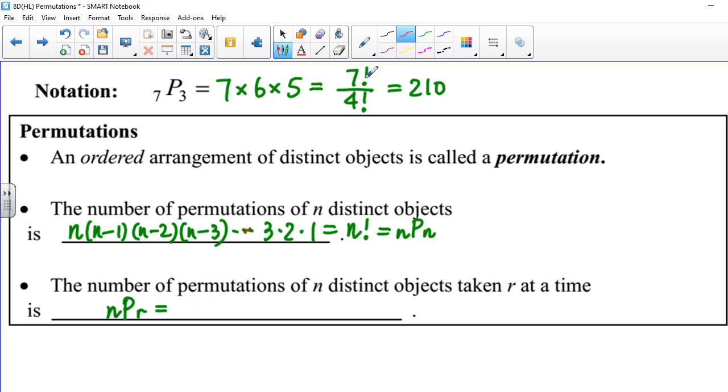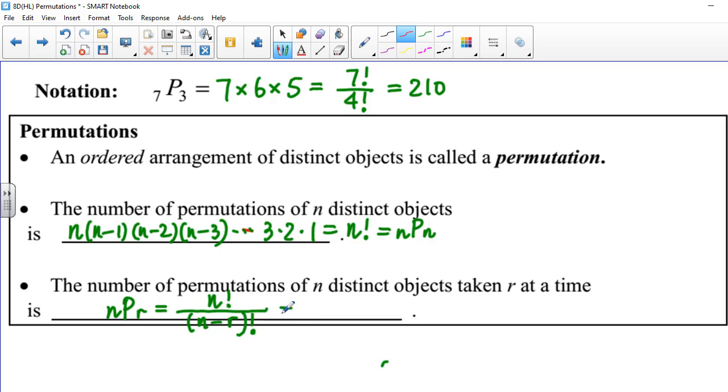What is nPr? Based on this particular notation 7P3, we can see this one is 7 factorial divided by 4 factorial. 7 is n. 4 comes from 7 minus 3. Therefore, we can use inductive reasoning to derive this formula: nPr equals n factorial divided by n minus r factorial.